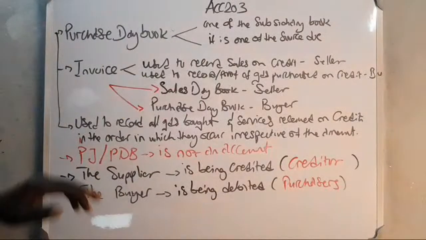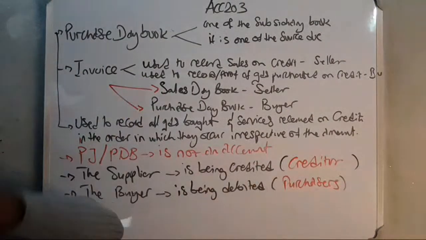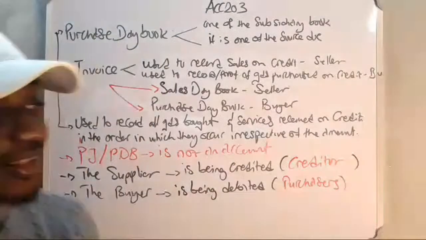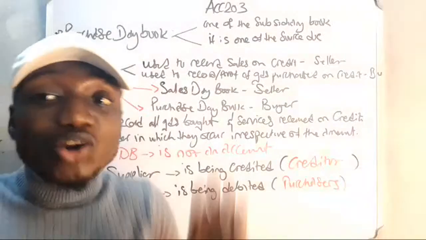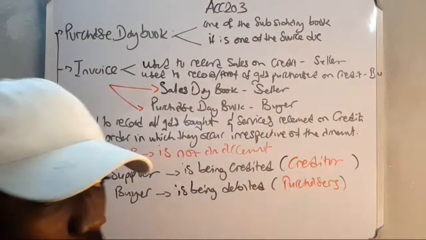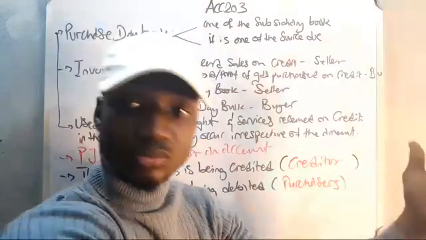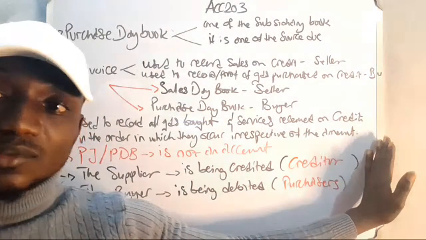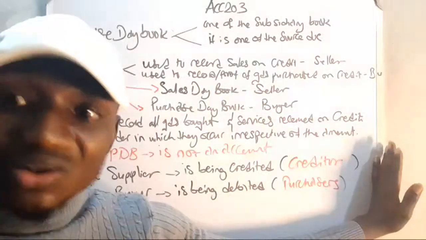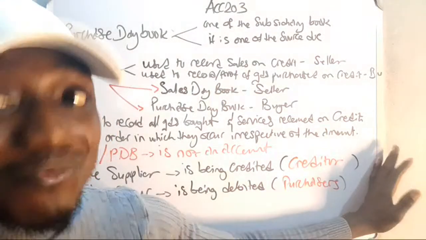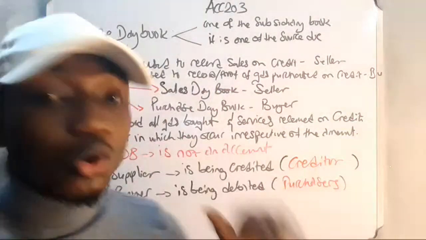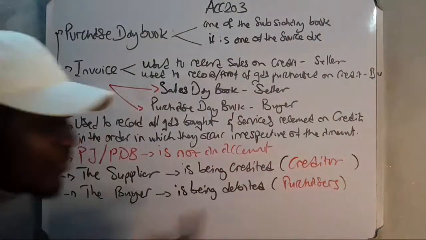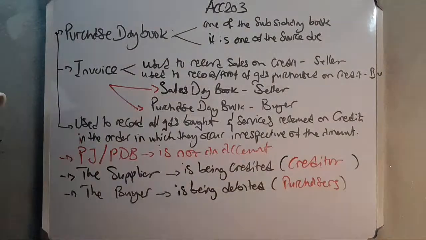Now, the supplier here who is selling is being credited, meaning that the thing acknowledged here is that goods are going out. That's why it's credited. These goods that are going out are not yet paid for. So goods are leaving, and the buyer receives the goods.